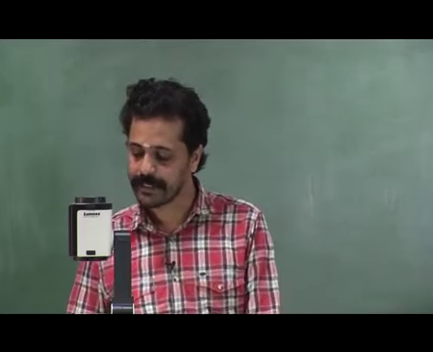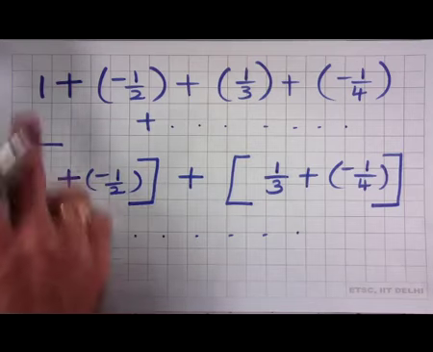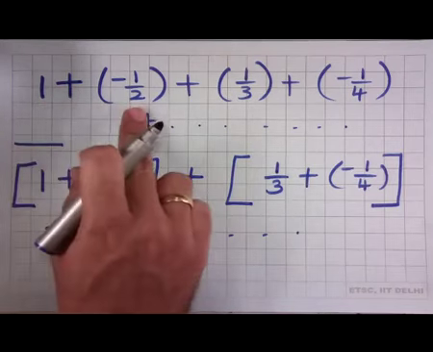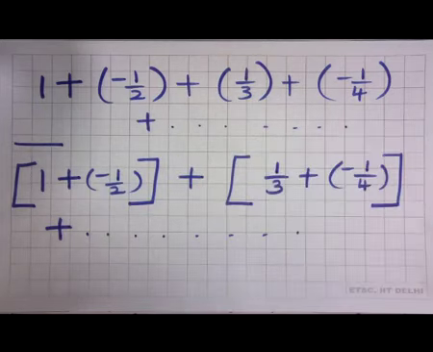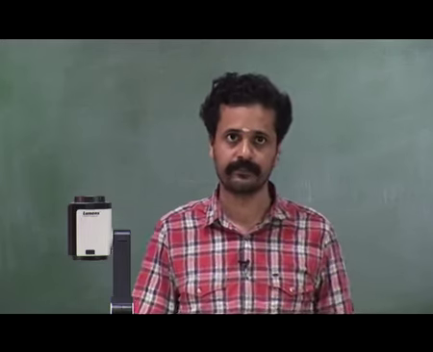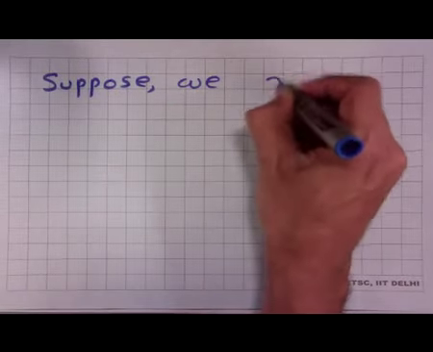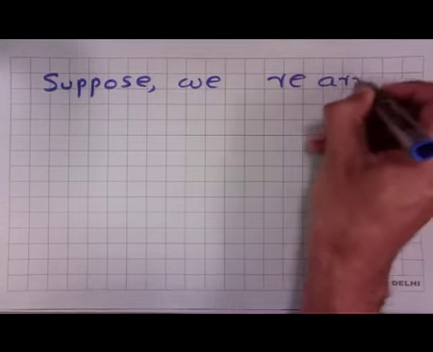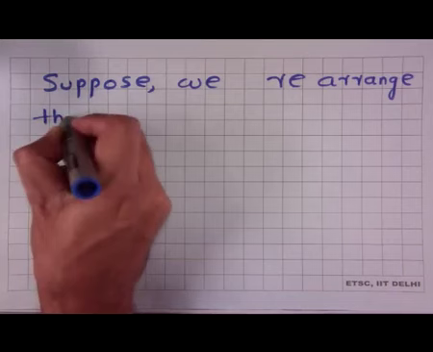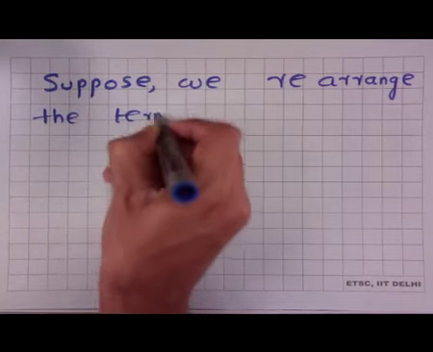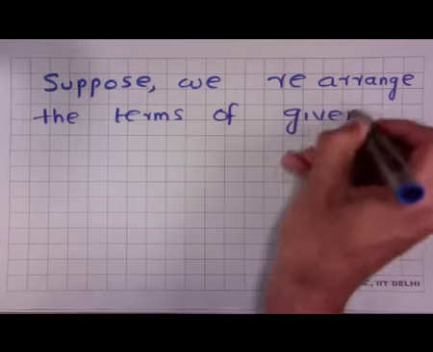On the other hand, let us deal with the same sum in a slightly different manner. Recall, the infinite sum we are dealing with is 1 plus minus half plus 1 by 3 plus minus 1 by 4, etc. Suppose we rearrange the terms of the given series as follows.